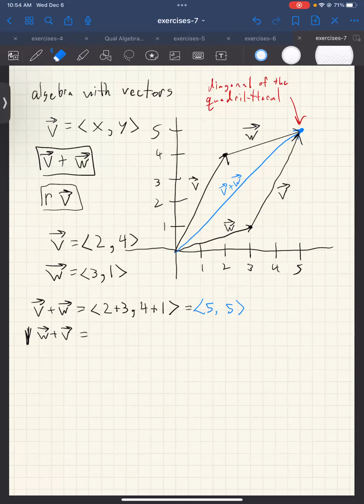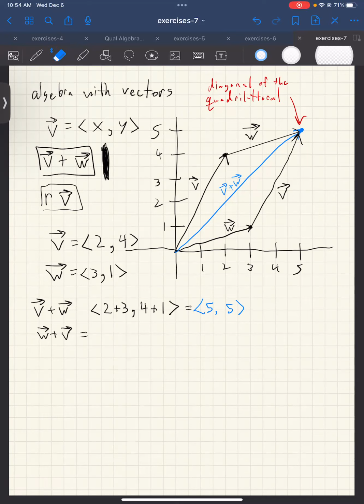Well, let's talk about the length of this vector in comparison to the individual parts. There is something called the triangle inequality. To understand that, let's look at some numbers.